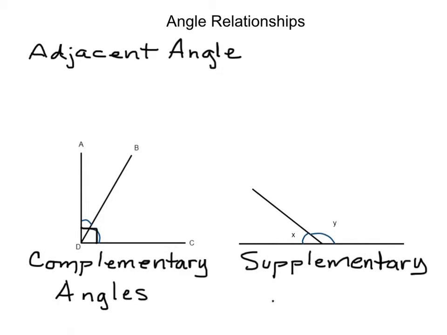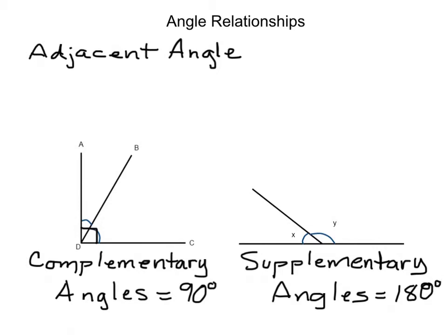So those are two of our relationships that we need to know. Complementary angles form 90 degrees, and supplementary angles form a line, or an angle, that is 180 degrees.